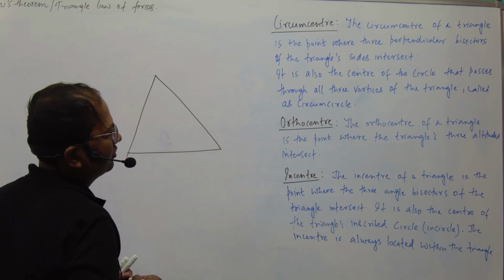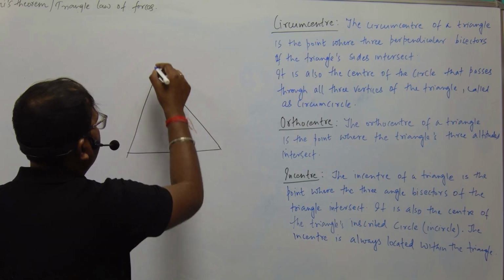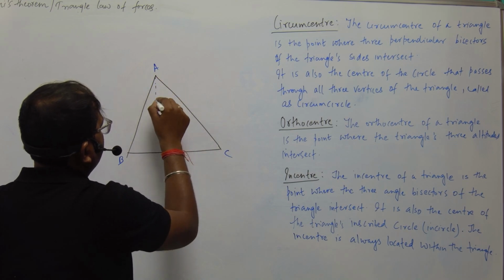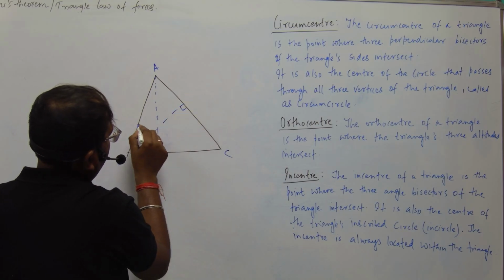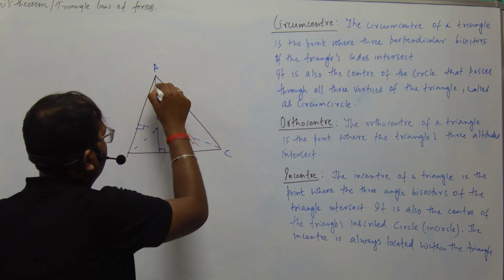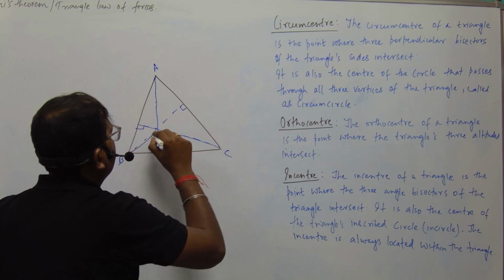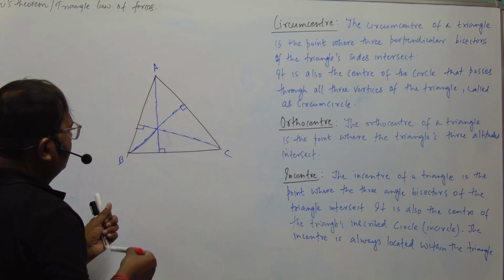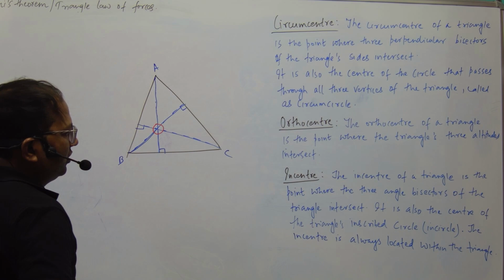So this is A, this is B, and this is C. Let us draw a perpendicular from each vertex. These are the altitudes dropped from the vertices on the opposite sides. The point where the three altitudes intersect is our orthocenter.